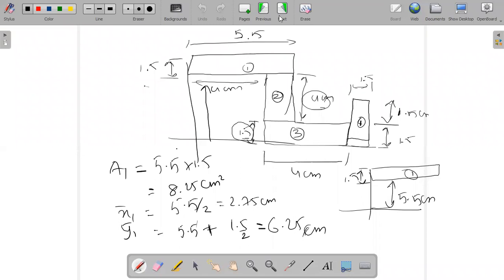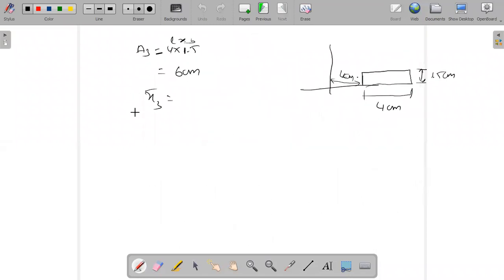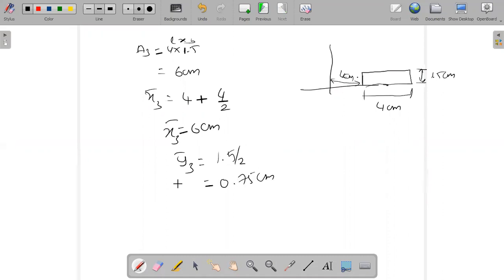That is the reason we have to take 4 plus half of the length 4, that is equal to 6 centimeter. X3 bar we got. Now y3 bar is what? This section is already connected to the axis, so no need to add anything. We can directly take 1.5 divided by 2, that is 0.75 centimeter. We got the value of x3 also.